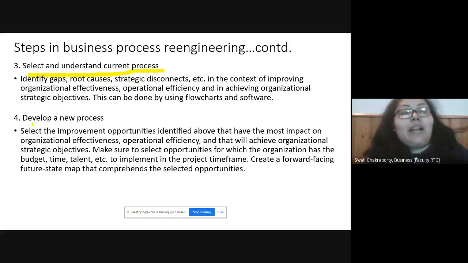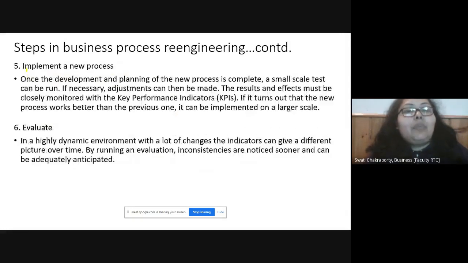The fourth step comes from the third, where you develop a new process which is much better, which can handle the challenges faced by the old process. Once you develop it, then comes implementation of the process. You need to implement it as per your plans, followed by evaluation. How far are you successful in implementing this new process?